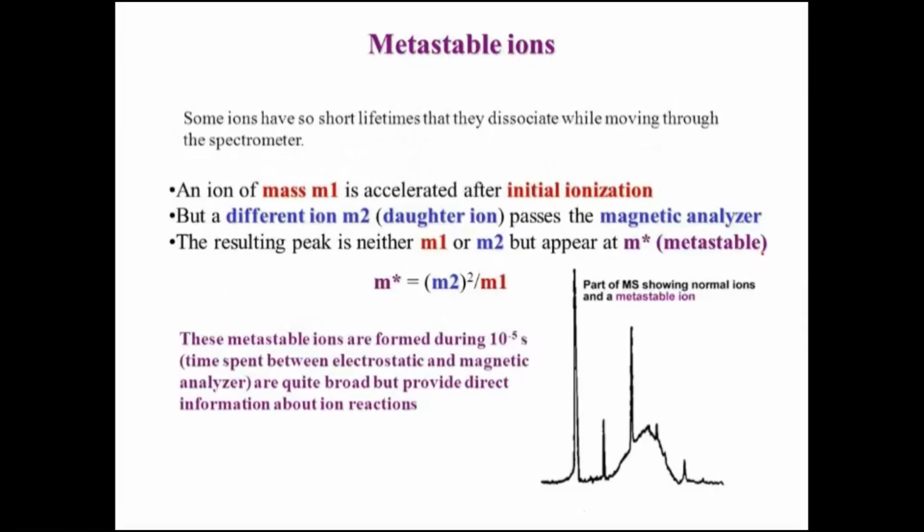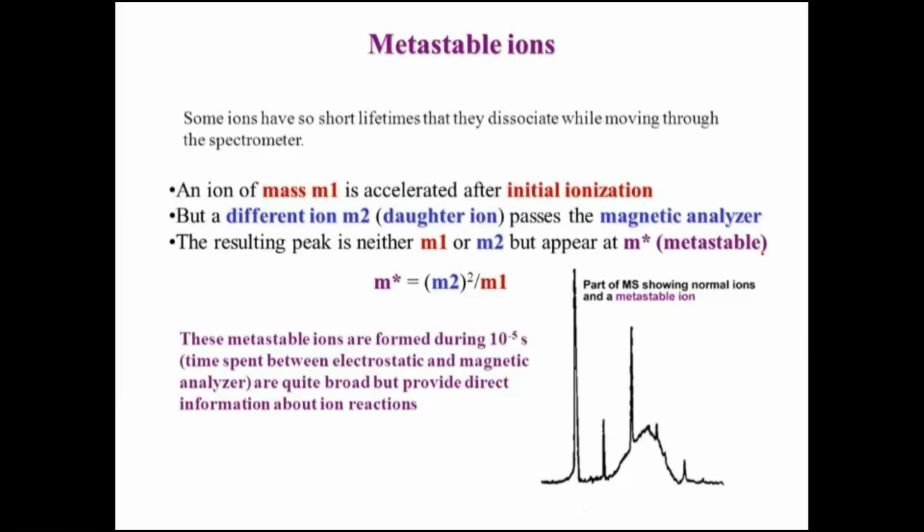Now, the meta in metastable means something less than. So metastable is relatively less stable. What happens is the molecule gets ionized and forms one ion. That ion enters the analyzer part of the machine, but in the analyzer it gets degraded.